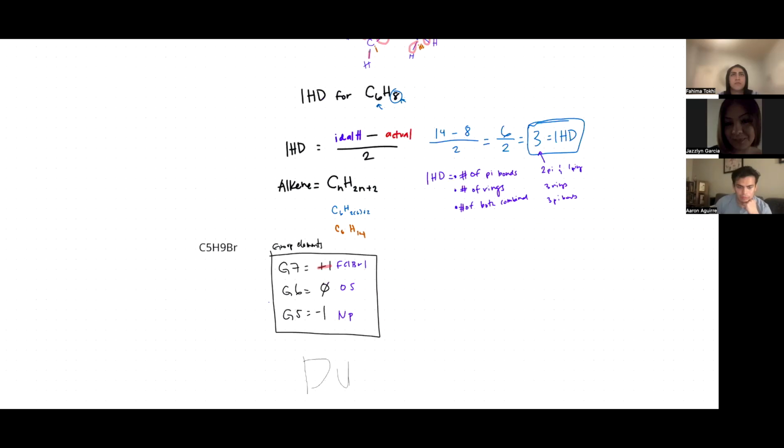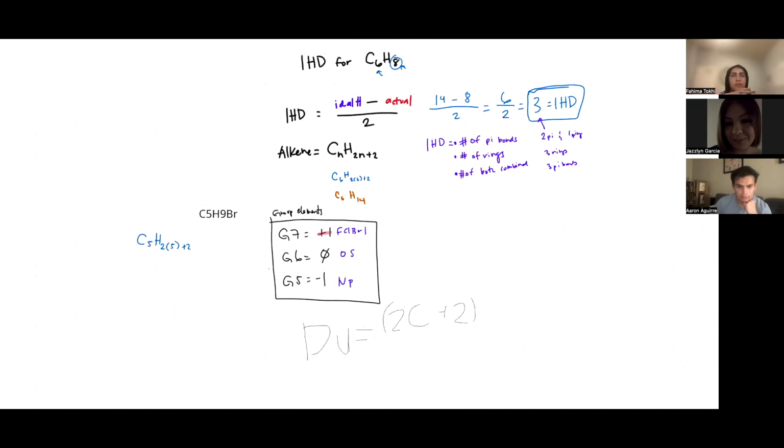The DU is 2C plus 2, plus how many nitrogens, and then minus the hydrogens, and then minus X, which will be halogens, and then over 2, if that makes it simpler.